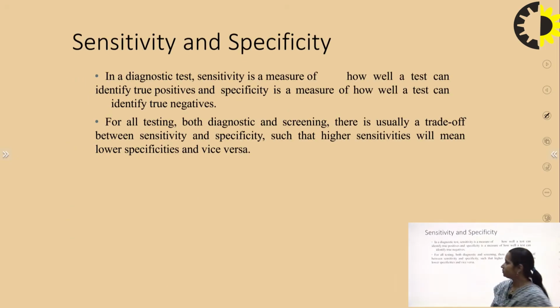Now comes sensitivity and specificity. It is a diagnostic test measure. Sensitivity is a measure of how well a test can identify the true positives, and specificity is a measure of how well a test can identify true negatives.